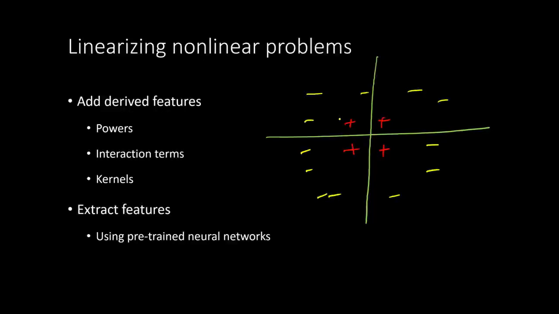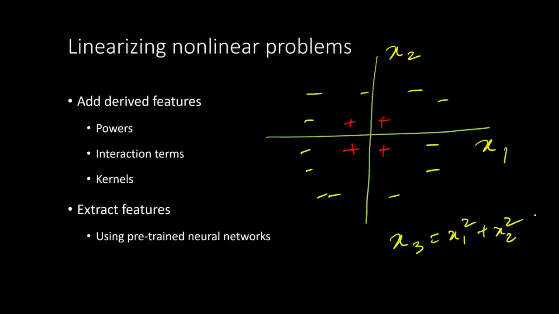But what we can do is add some additional features. So this is just x1 and x2, but we can have a derived feature x3. Here x3 is not shown, but let's say x3 is equal to x1 square plus x2 square.